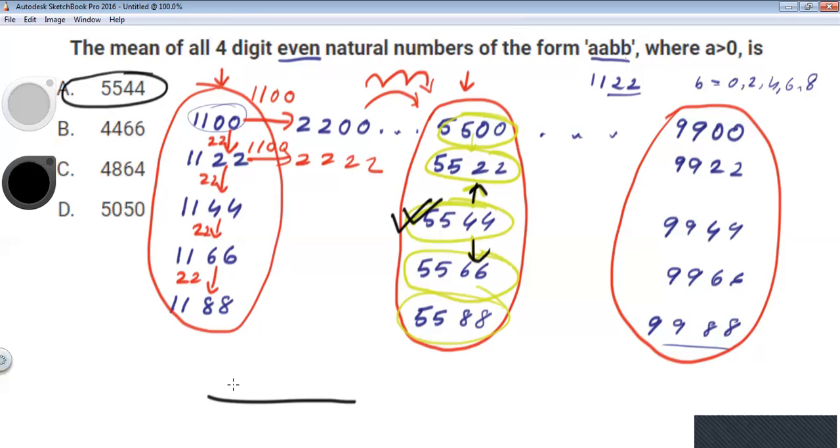If it had been skewed, then the mean would have been a different number; it would have bent towards some other number. But since their distances are equivalent, they're symmetric about a point. Therefore they're symmetric about 5544. Understand? I hope it was helpful.